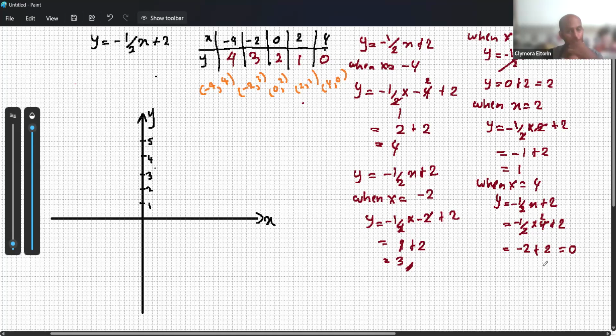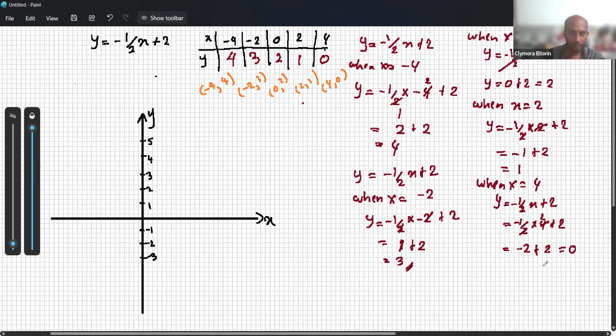It's enough for this direction. Then minus 1, minus 2, minus 3, and minus 4.